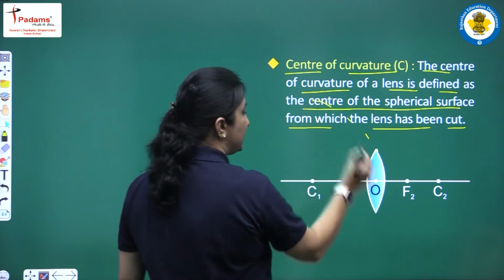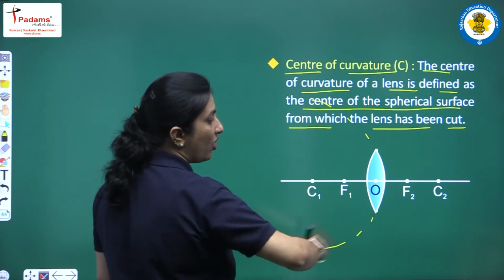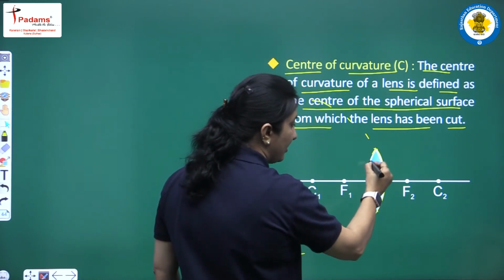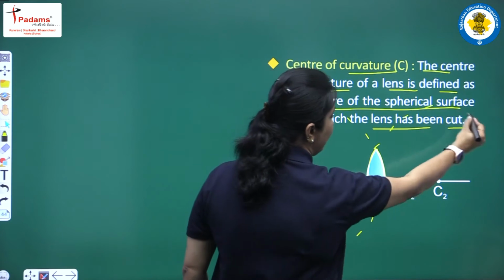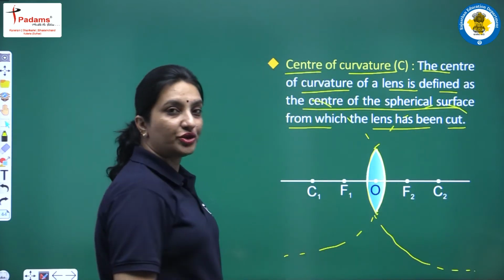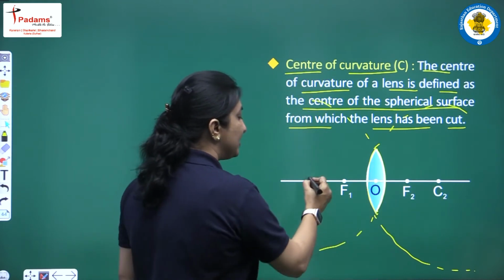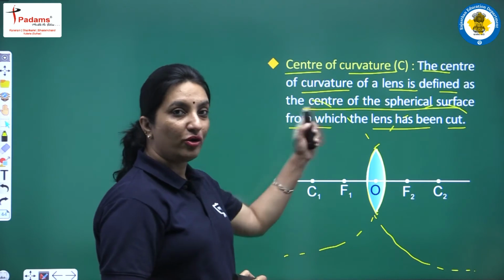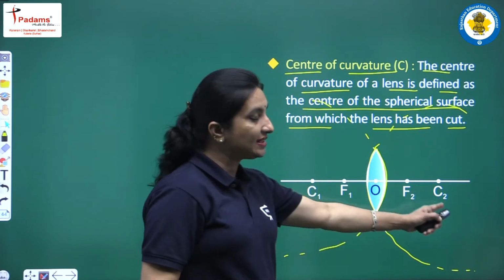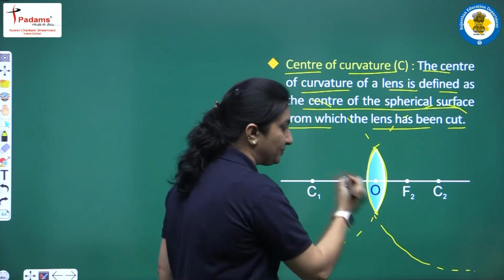C1 is the center of the sphere of which this surface is a part, and for this surface we have a hollow sphere having a center at C2. C2 is the center of curvature of this part.